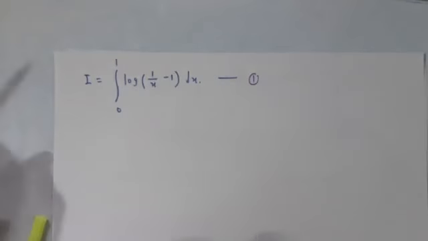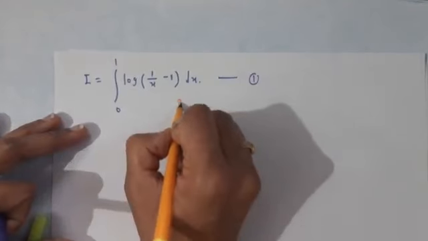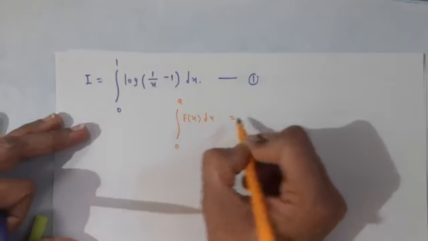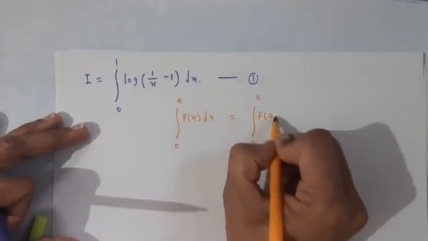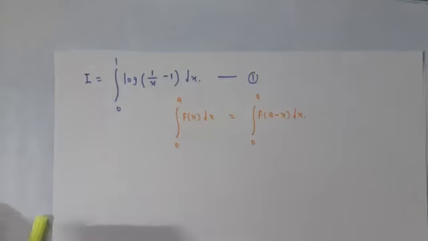Now by using the property, that is integration 0 to a f of x with respect to x is equal to 0 to a f of a minus x with respect to x.